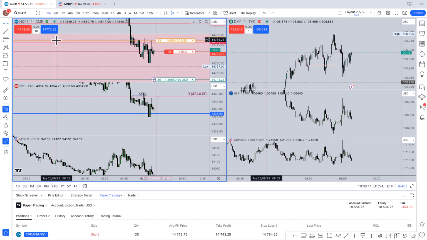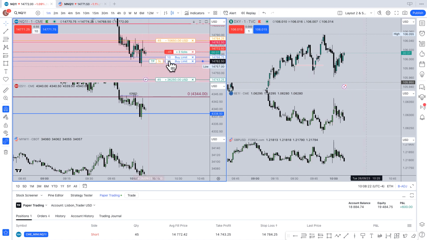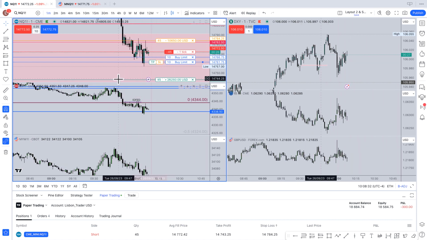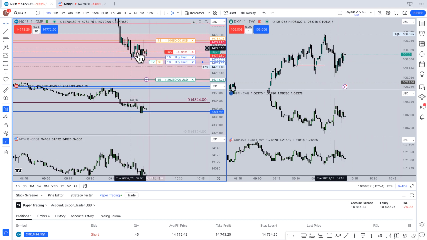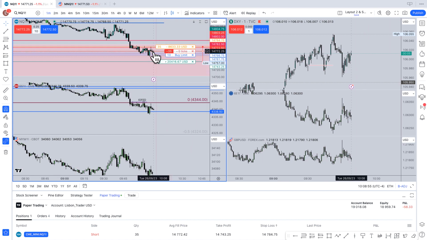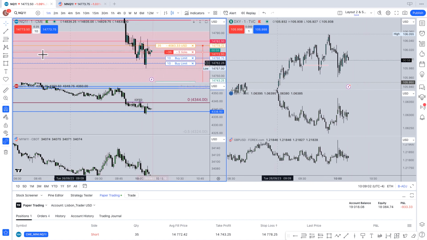To put some equity back. No, it just stuck there. Reduce the risk.